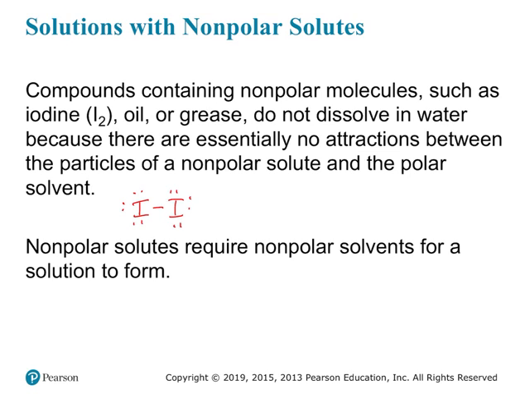And if we looked up the electronegativity values for iodine, we would see that we have two iodine atoms. They're exactly the same electronegativity. So this is a nonpolar molecule because we have a nonpolar bond between those iodine atoms. So neither atom is really holding on to electrons more than the other atom. They're shared equally.